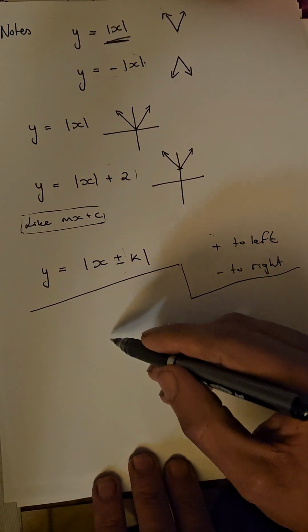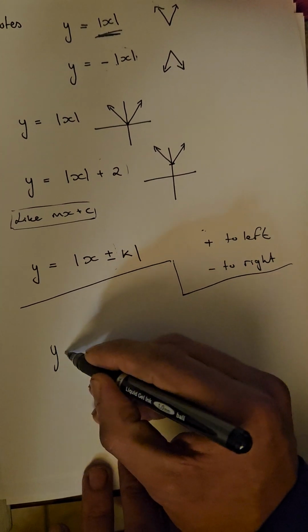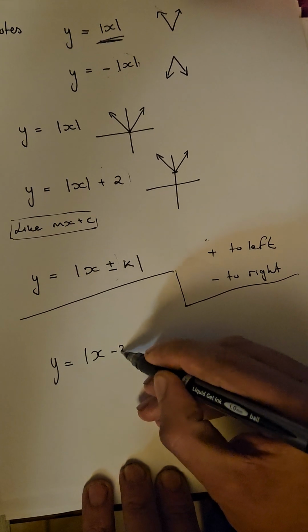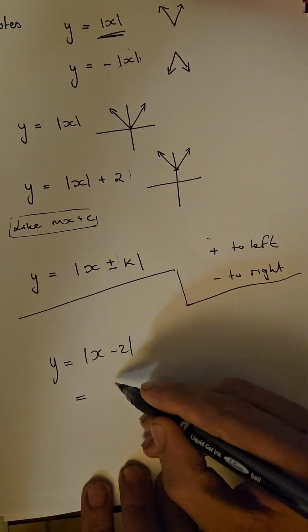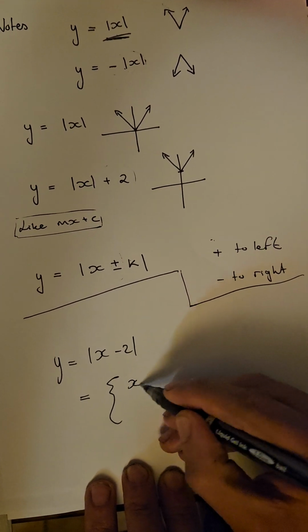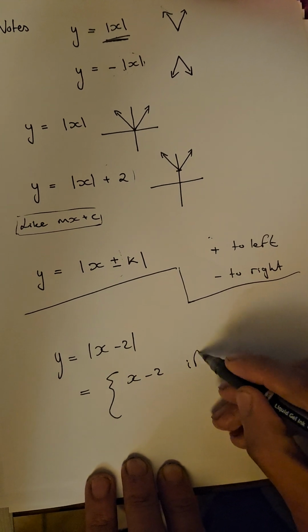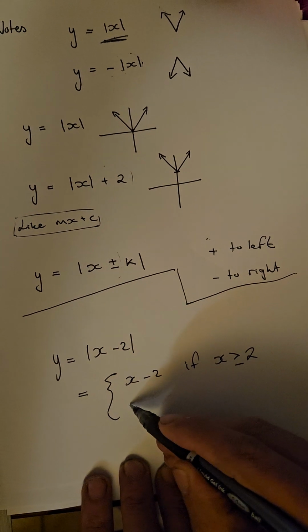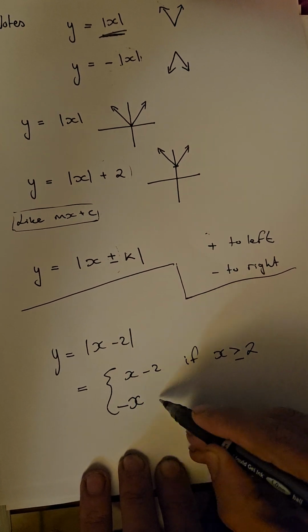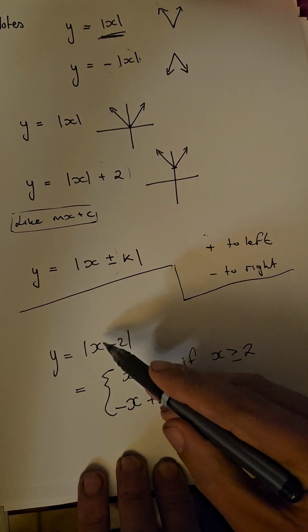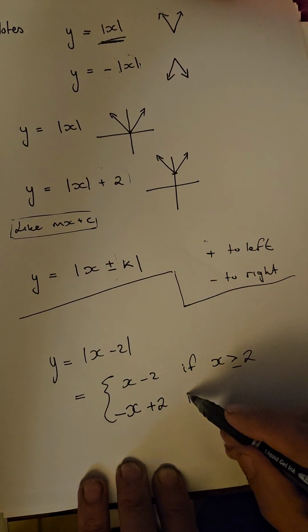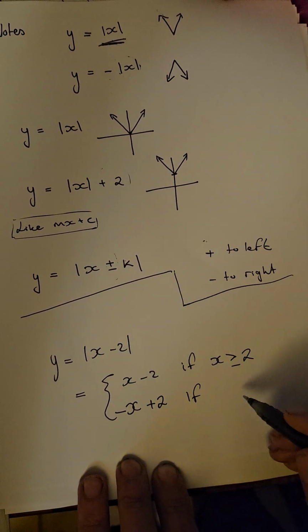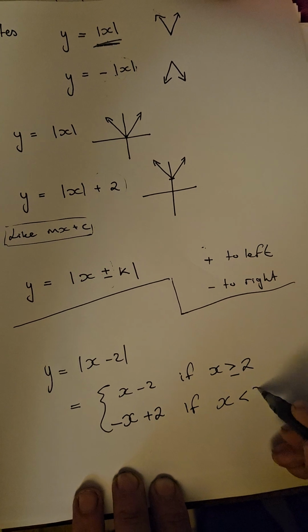But the important thing to note is all that drawing a graph like this would amount to is drawing one function if x is greater or equal to 2, and a second function, negative x plus 2, so I just put negative of this entire thing if this entire thing is negative, so if x is smaller than 2.